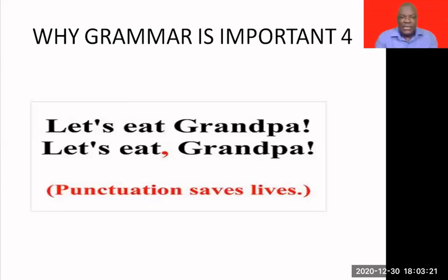And so the scholar here has made a comment that punctuation saves lives, because whereas the first sentence is giving a very dangerous proposal, the second sentence is simply addressing grandpa with politeness and making a polite offer as well.